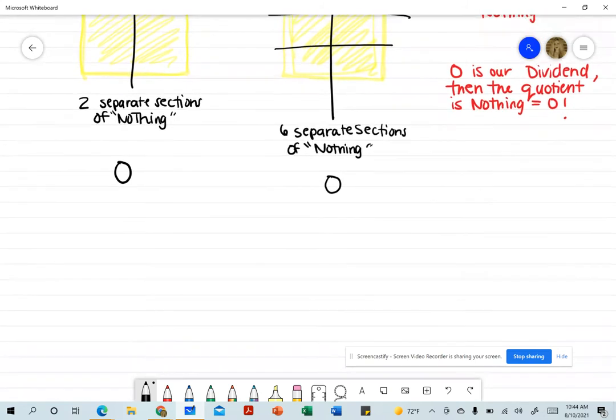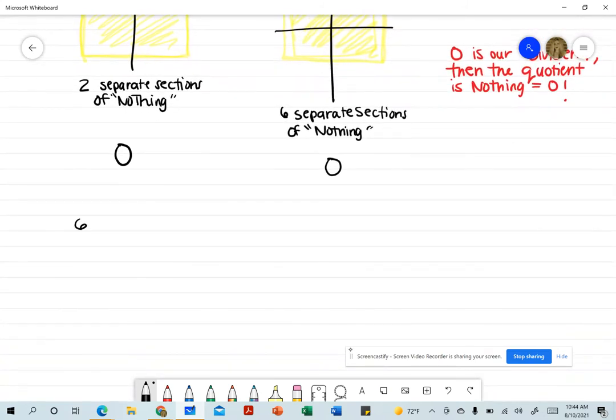Well, let's reverse this. What if I had 6 divided by 0? This was 2 first. So what if I had 2 divided by 0? Or 6 divided by 0? Notice now 0 is the divisor.